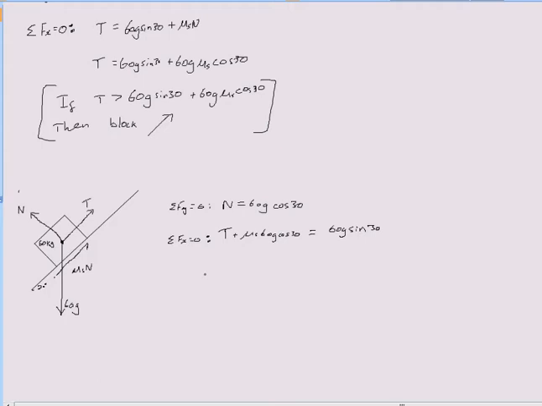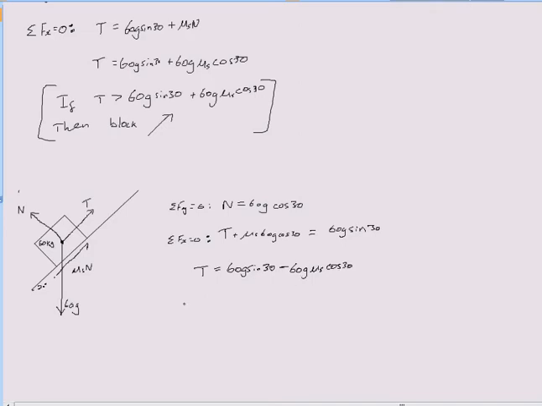So let me just make T the subject of this equation I've got right here. If T is equal to 60g sine 30 minus 60g mu s cos 30, this is what needs to be satisfied in order for the block not to move.